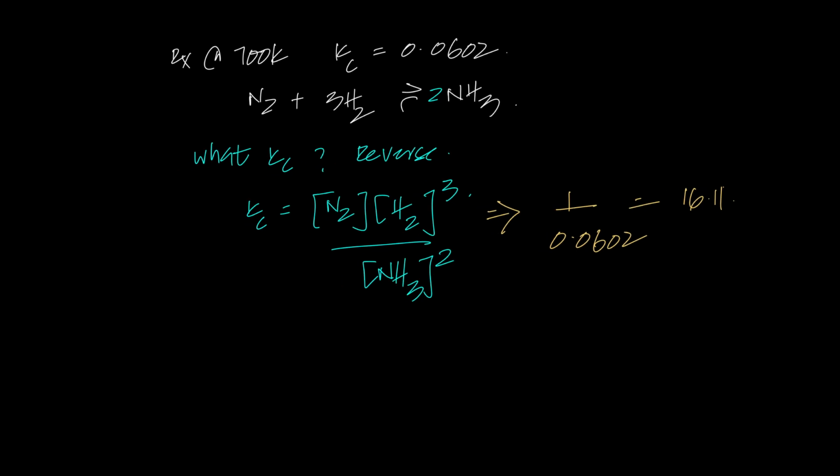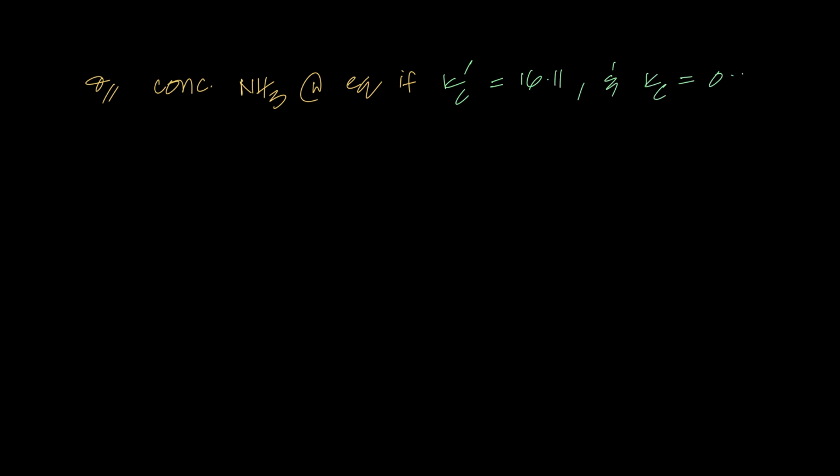That's the first relationship. There's also one more idea that you could use this first relationship with. For example, can you tell me the concentration of NH3 at equilibrium if the Kc for the reverse reaction, which I'm marking with a dash, is 16.11, and the Kc for the forward reaction is 0.0602? 1 over this would give me the Kc for the forward reaction.